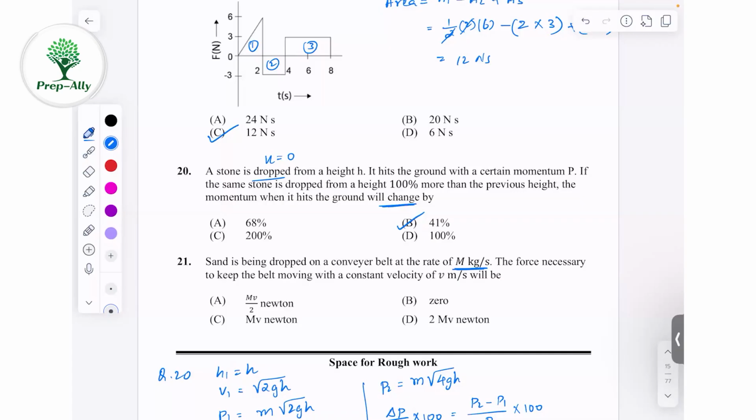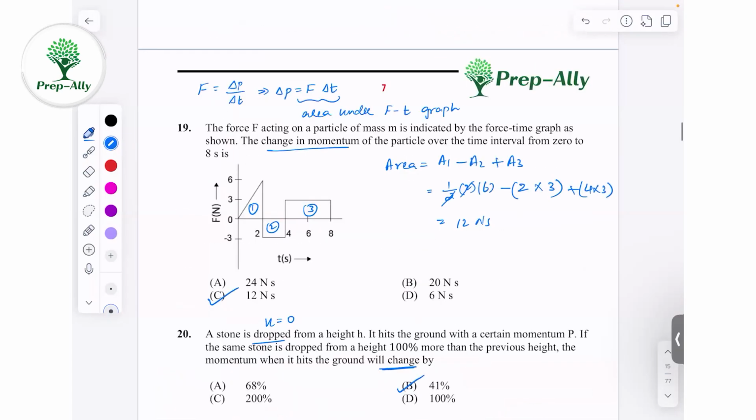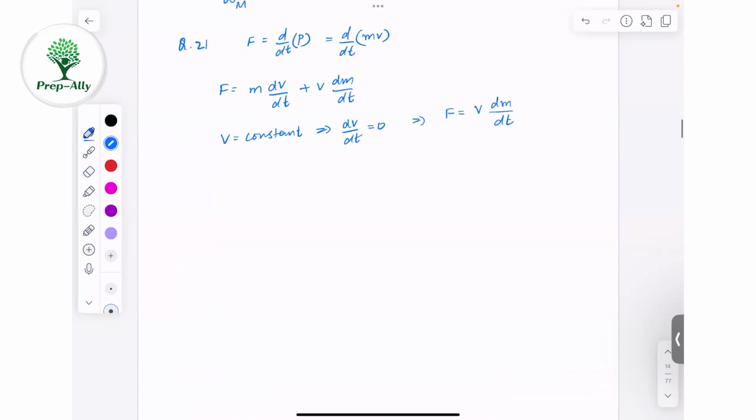Because sand is dropped at M kg per second, which means mass on the conveyor belt is also increasing at M kg per second. So here, the rate of change of mass is capital M kg per second. Therefore, the force is just going to be velocity into this capital M, Mv Newton. This is small v.